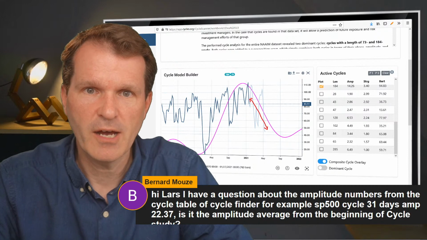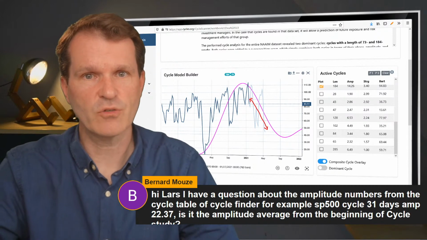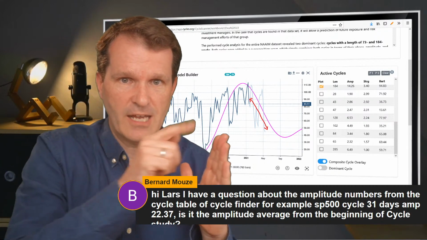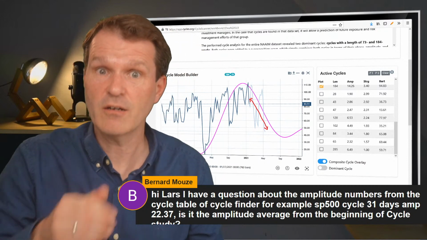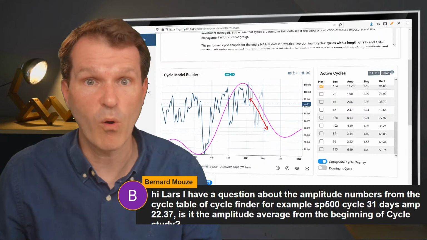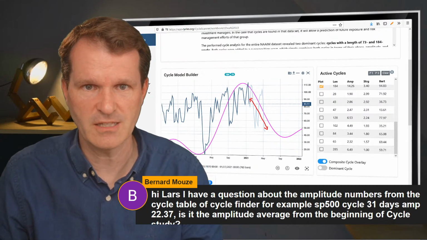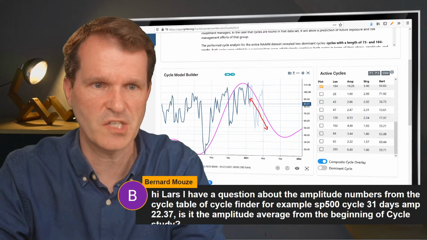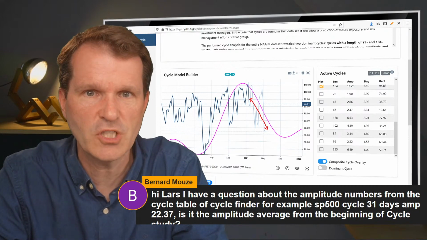Therefore, if you need, the Bartels score tells you if the cycle has been there in the full in-sample period. So the higher the Bartels value, the more you have the information that over the whole period the cycle was also there. Yes, it's the average amplitude.